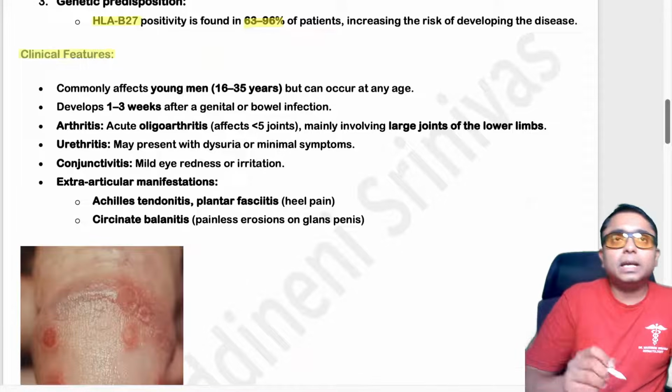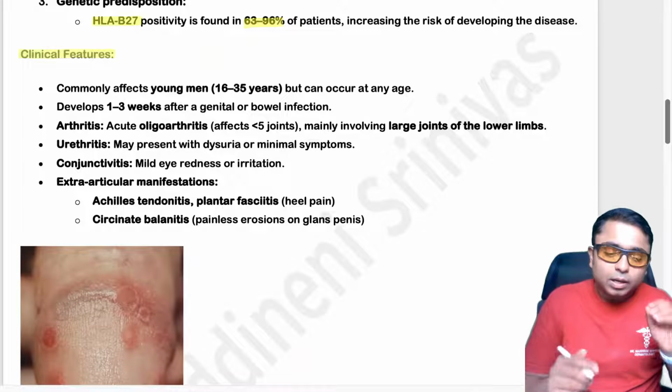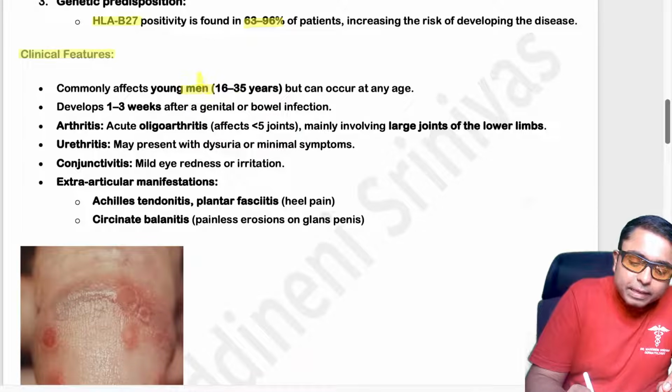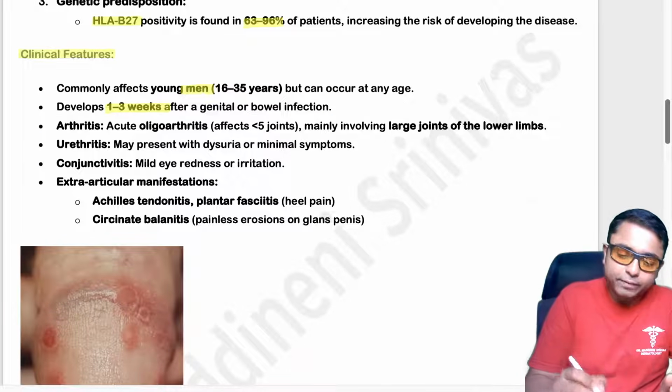So what will be the clinical features? You know already the triad: can't see, can't pee and can't climb a tree. This mainly affects young men and it develops 1 to 3 weeks after the genital or bowel infection.